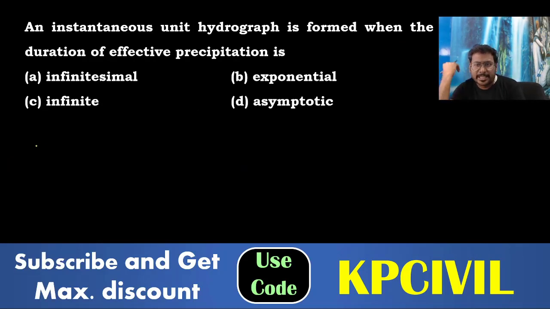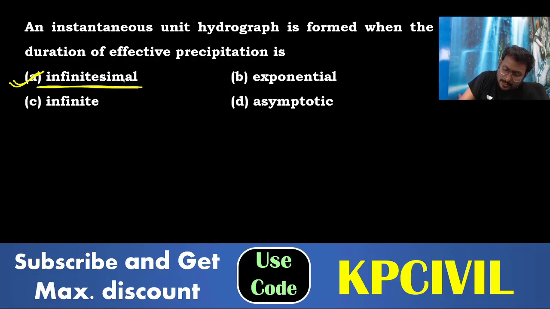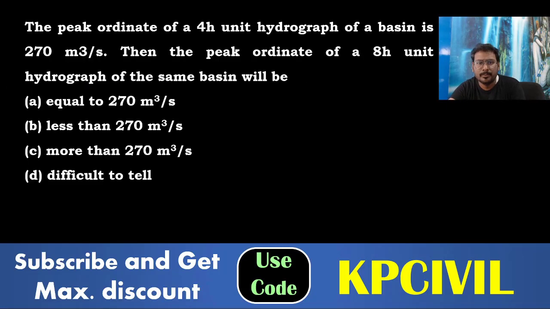An instantaneous unit hydrograph is formed when the duration of effective precipitation is infinitesimal. Given option A, infinitesimal. 0 hour at a point of instant, that is instantaneous unit hydrograph.